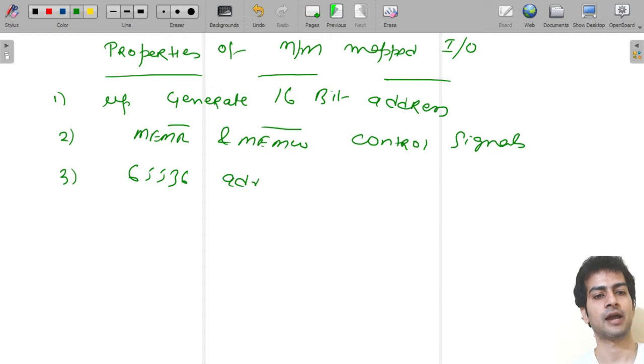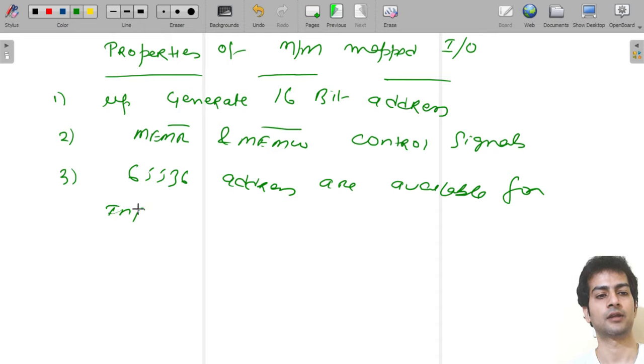65536 addresses are available for input and output devices respectively.